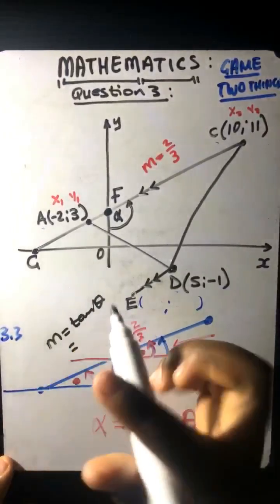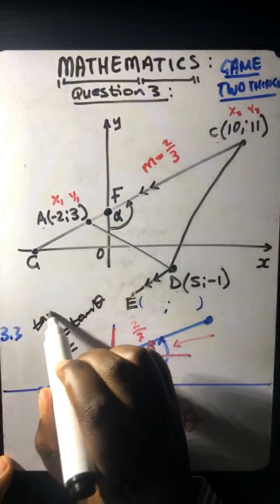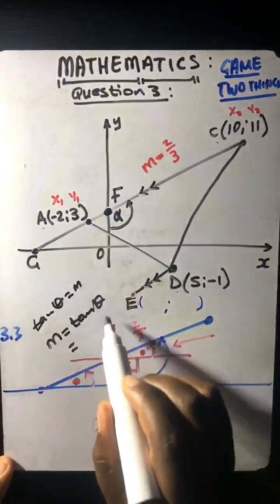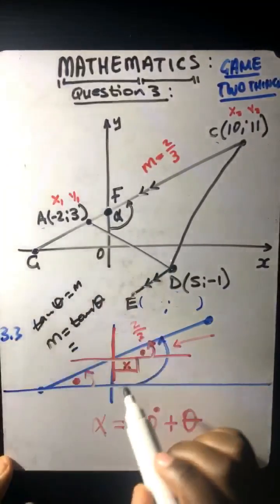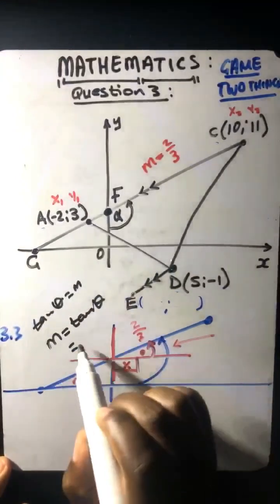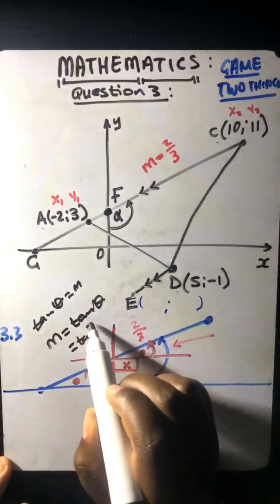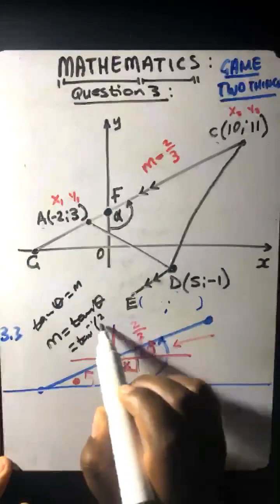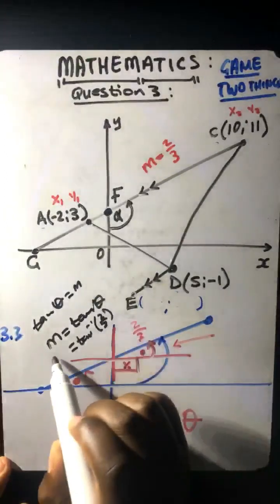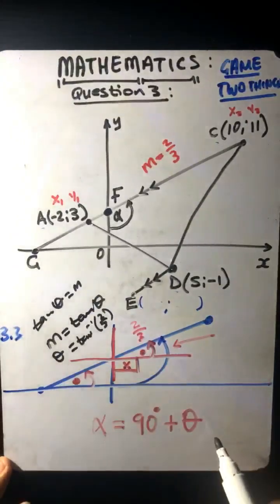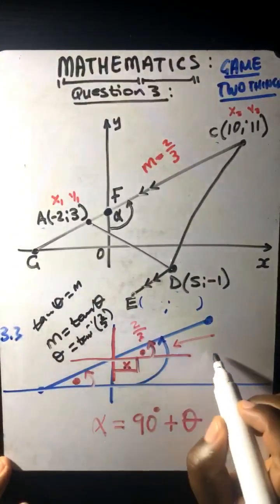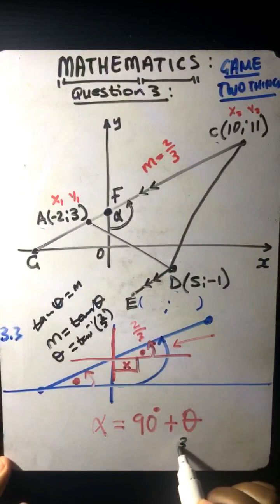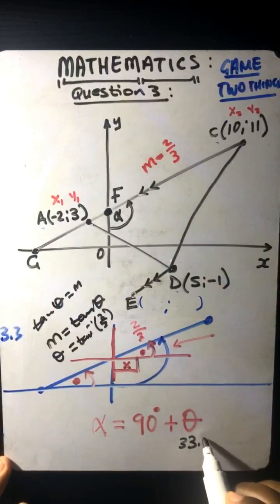Let me rewrite it the other way around: tan of the angle is equal to m. It doesn't matter whether you write it like that or like that; it depends on what you're calculating. So now, the inverse function of tan, with the gradient being 2 over that. What did you get as that angle, Moleboge? You said it was 33.69.